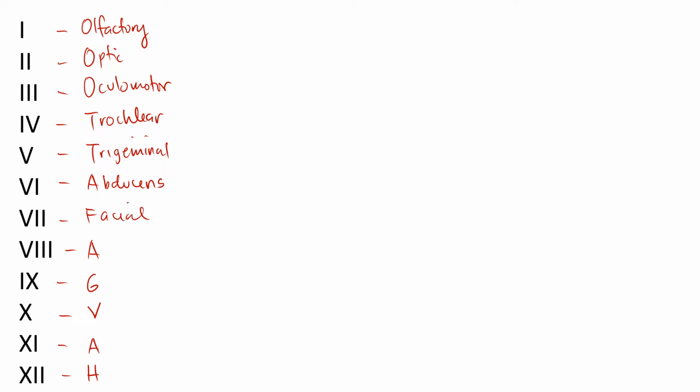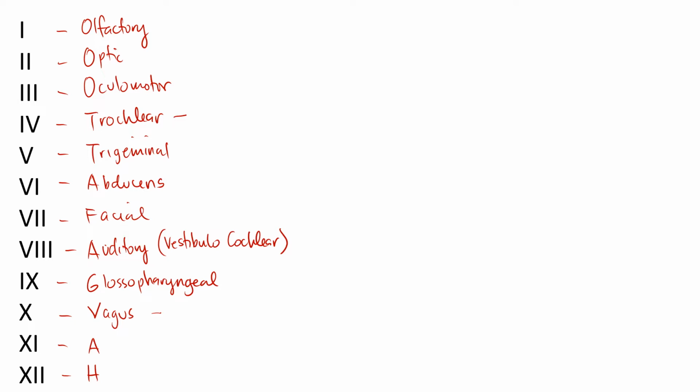8 is auditory. Of course, it has another name called your vestibulocochlear, and this is more descriptive of the function. But anyway, number 9 is glossopharyngeal. 10 is your vagus, your wandering nerve.